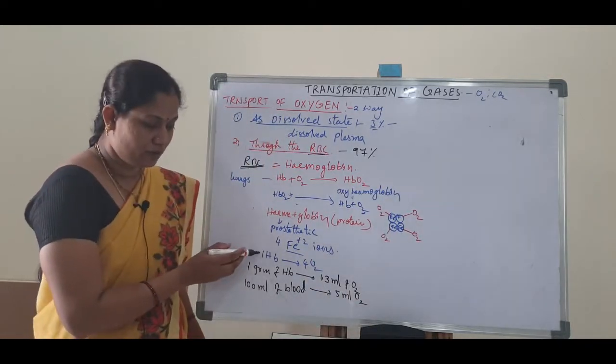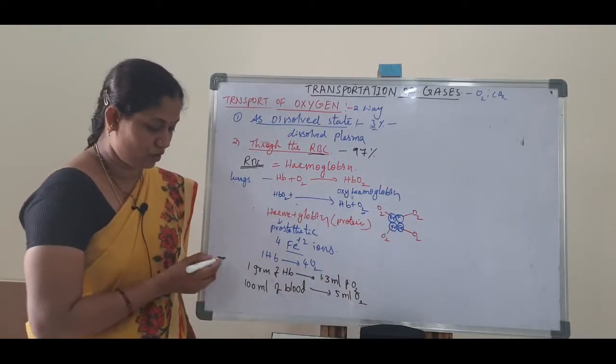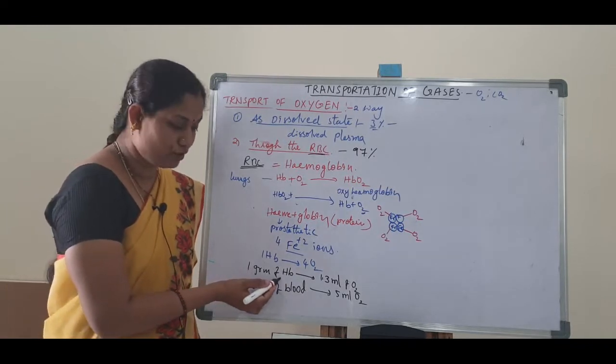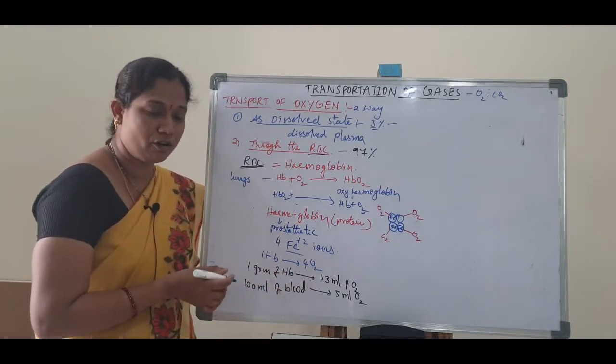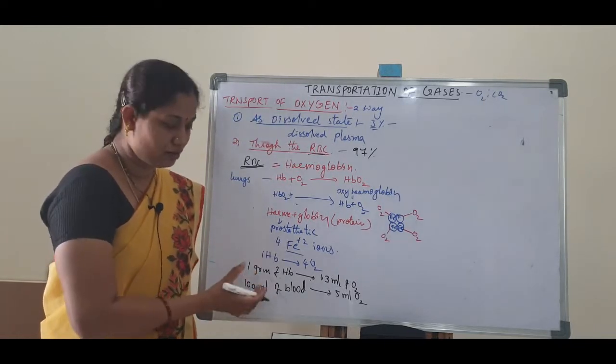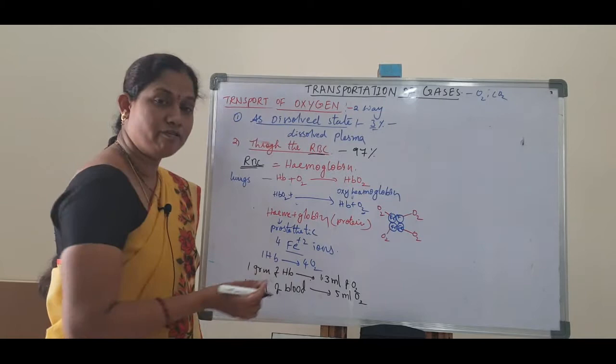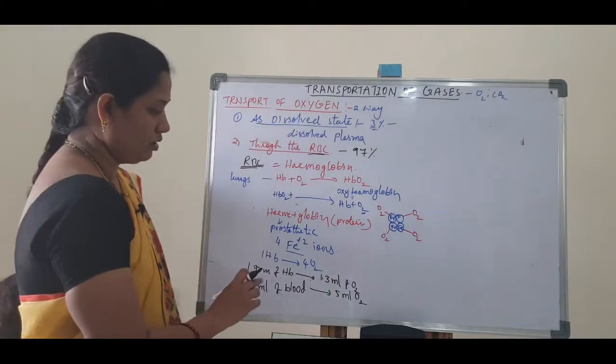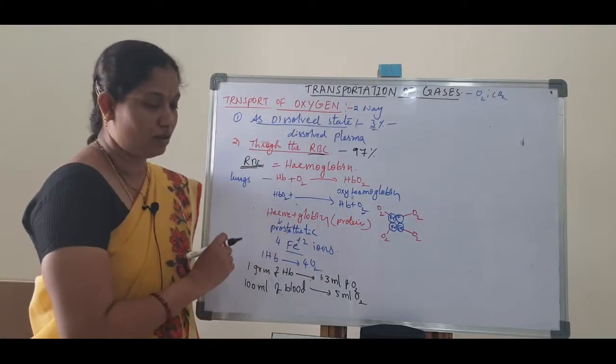So 1 hemoglobin carries 4 oxygen molecules, 1 gram of hemoglobin carries 1.34 ml of oxygen, and 100 ml of blood can carry 5 ml of oxygen. Okay, so this is about the structure of hemoglobin.